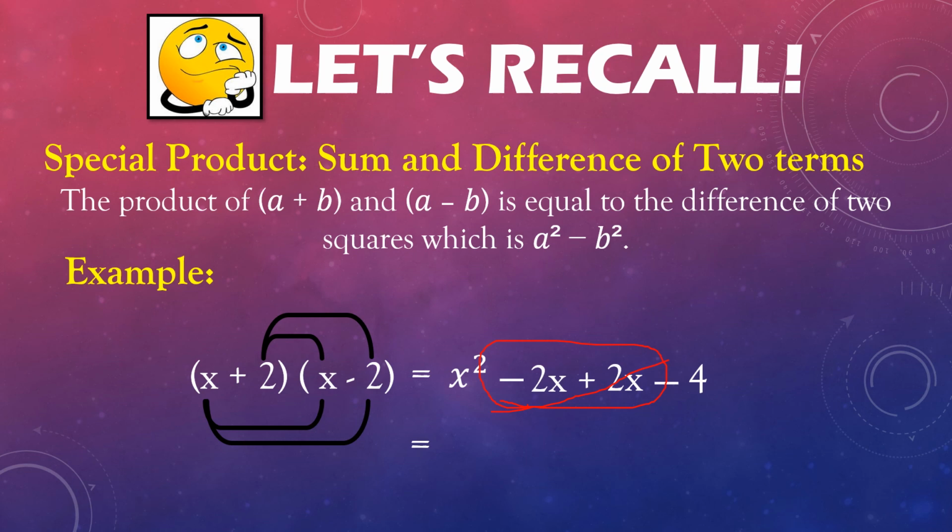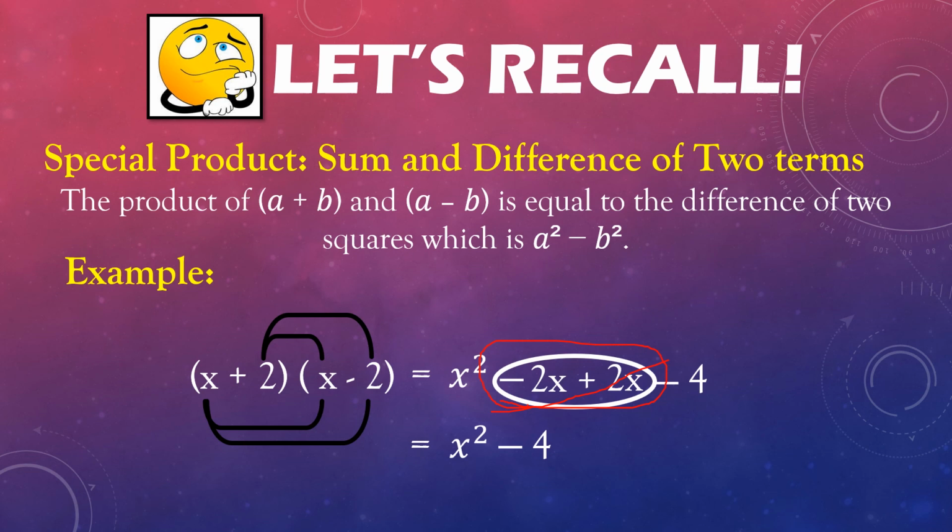Our final answer must be x squared, and then cancel out, copy the operation minus, and then bring down 4.